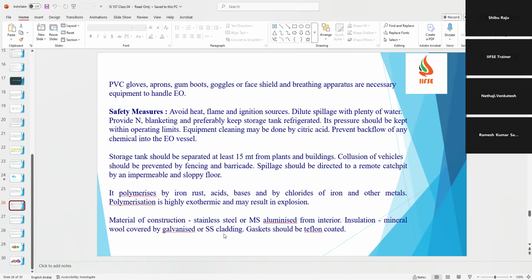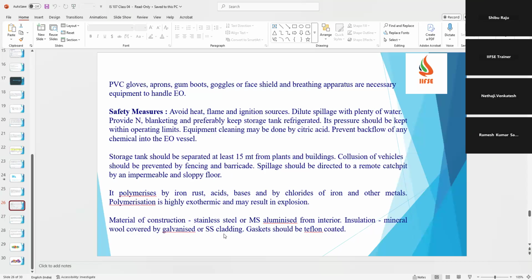Okay. Then PVC gloves, apron, gumboots, goggles, face shields, and breathing apparatus are necessary equipment to handle ethyl oxide. With respect to safety measures, we have to avoid heat, flame, and ignition sources nearby. Dilute spillage with plenty of water, as we discussed in the previous slide, and provide nitrogen blanketing, and preferably keep its tank refrigerated. Its pressure should be kept within the operating limits.